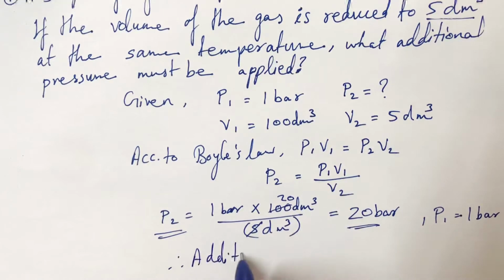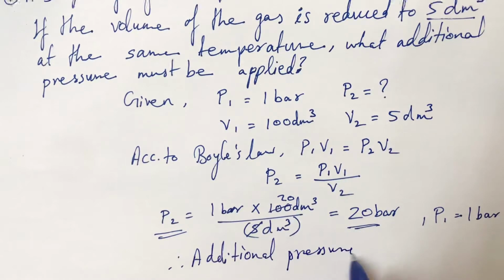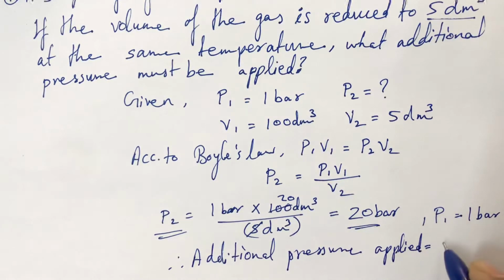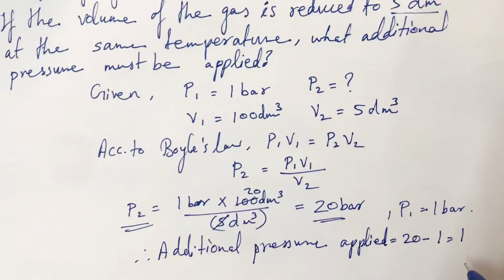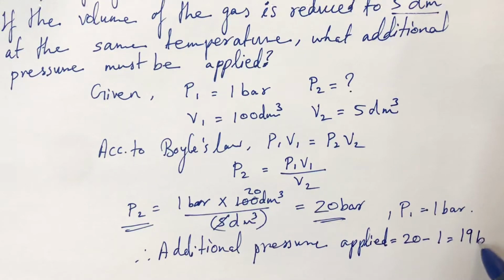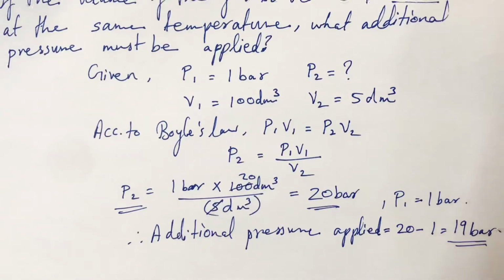It can be calculated as P2 minus P1, that is 20 minus 1 bar, and we get 19 bar as the correct answer. So students, 19 bar is the additional pressure that must be applied.